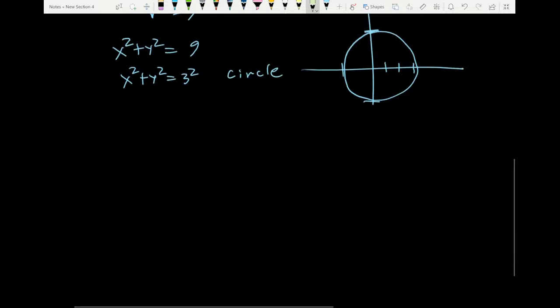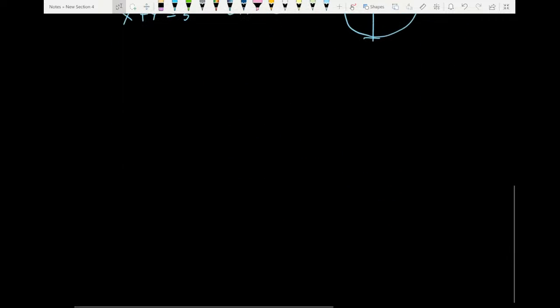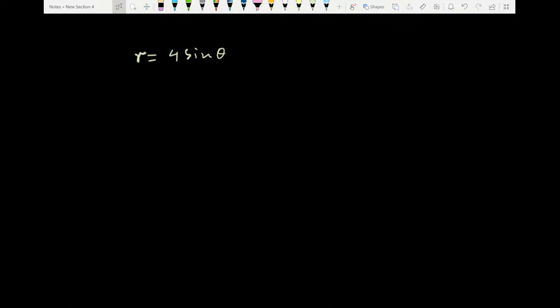Now, what if I give you a problem like this? r equals 4 sine theta. How do we graph that? Well, I'm going to multiply both sides by r, so I get 4r sine theta.